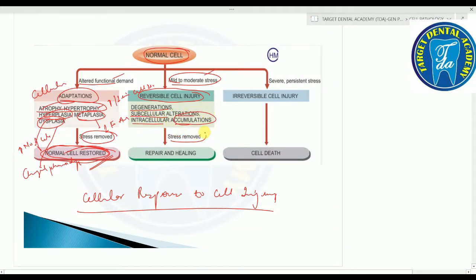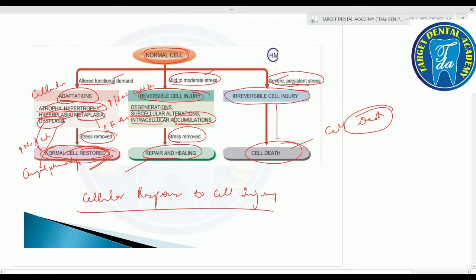And when the stress is removed, it leads to repair and healing. While the third condition, when the normal cell faces severe and persistent stress, it leads to irreversible cell injury, which finally leads to cell death. Right? This is the common cellular response to the cell injury.